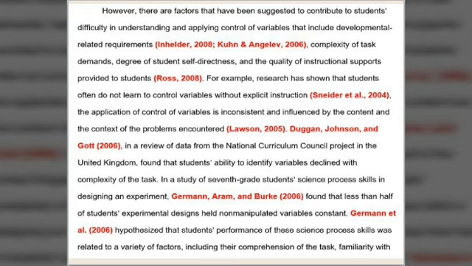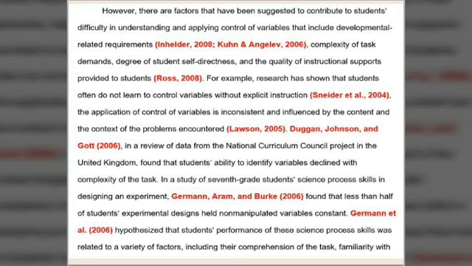Okay, let us have this. However, there are factors that have been suggested to contribute to students' difficulty in understanding and applying control of variables that include developmental related requirements, Helder 2008, Kuhn and Angelieva 2006. Complexity of task demands, degree of student self-directedness, and the quality of instructional supports provided to students, Ross 2008.